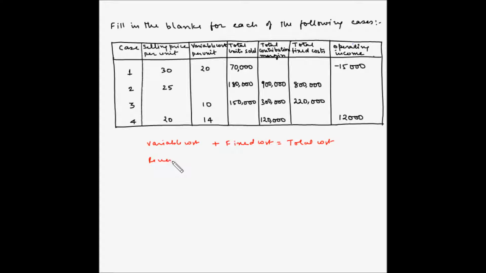Then revenue minus the total cost is equal to the operating income. Revenue minus variable cost is equal to contribution margin.